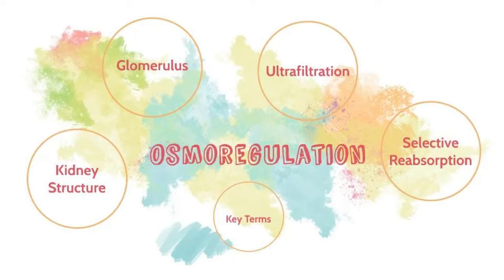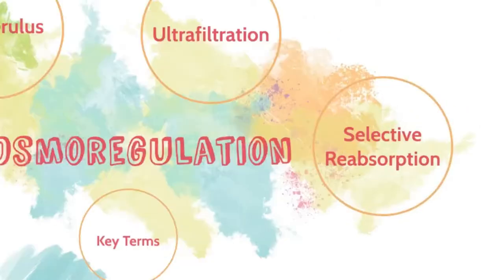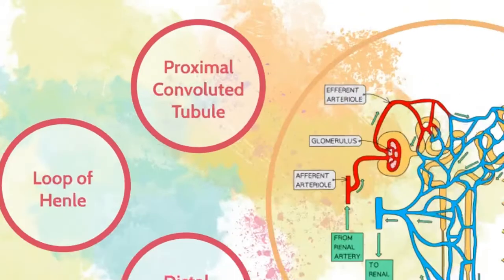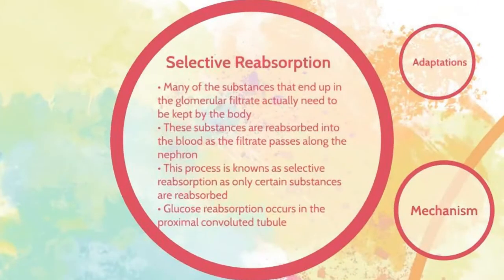And today what we're going to do is move on to the next step, which is selective reabsorption. So many of the substances that end up in the glomerular filtrate, so everything that's moved through the glomerulus into the Bowman's capsule, actually need to be kept by the body. So in the ultrafiltration step, it's just been sorted by size, but of course there are a lot of small molecules that have been filtered through that we need to reabsorb.